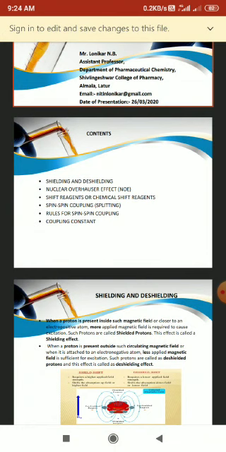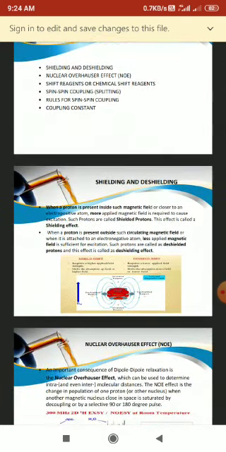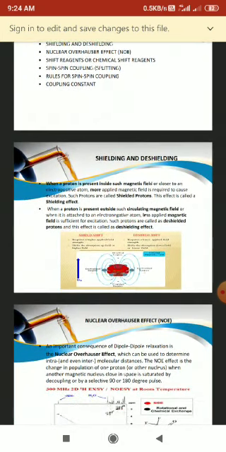Then the next content is rules for spin-spin coupling, and the last content is coupling constant.